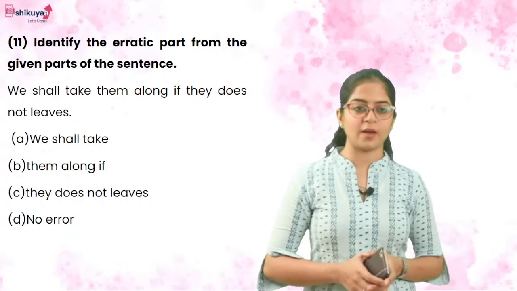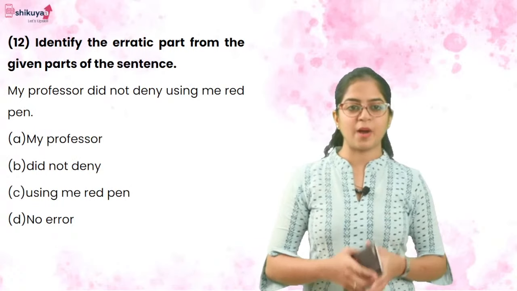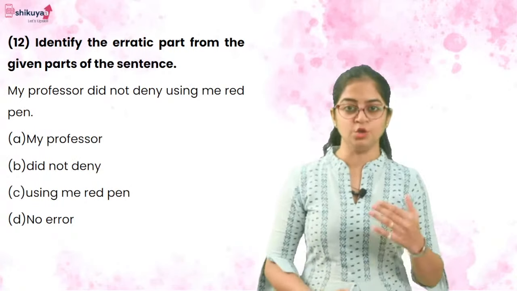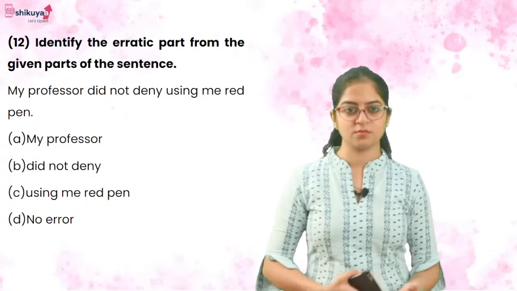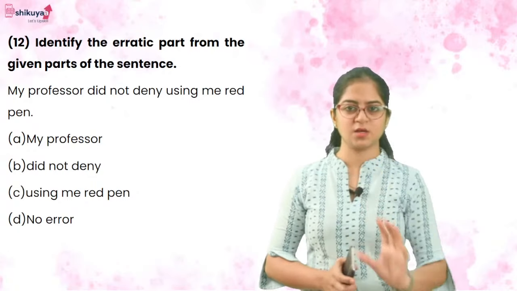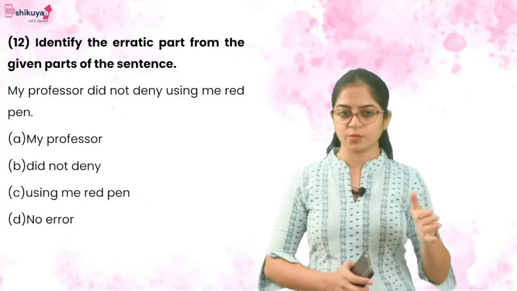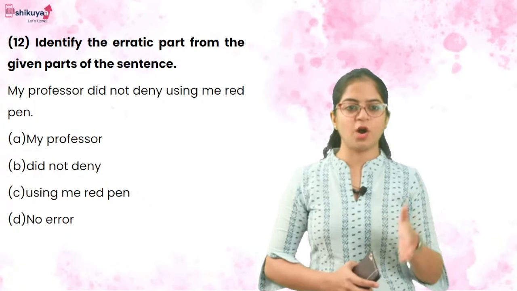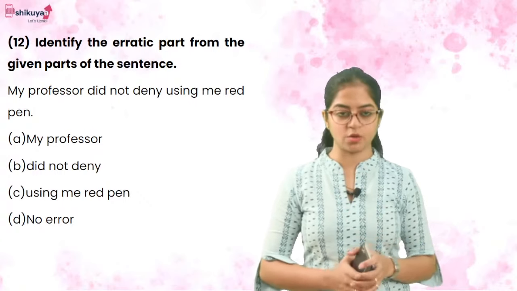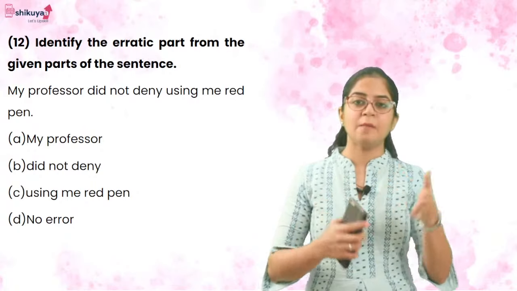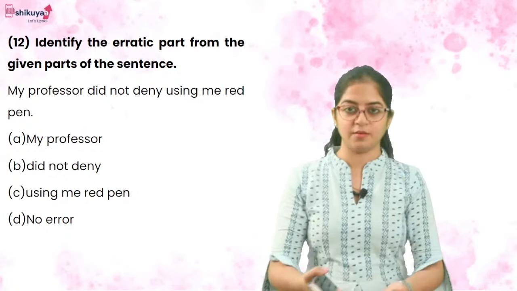Well, let us try one more question. My professor did not deny using me red pen. Using me red pen. So something is wrong with this part of the sentence, right? My professor, good to go. Did not deny, quite okay. Using me red pen, it should have been me using red pen, right?